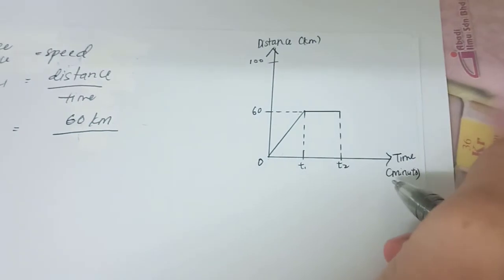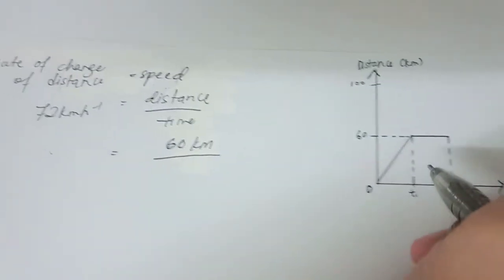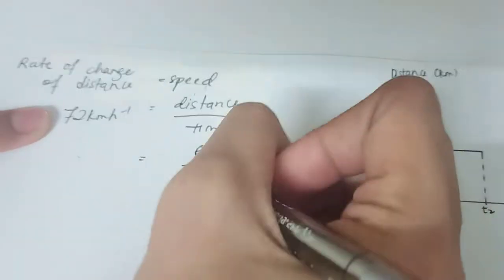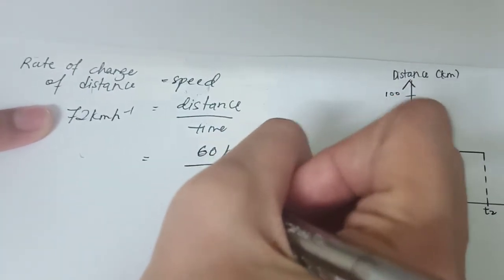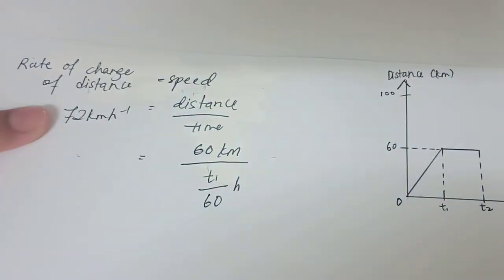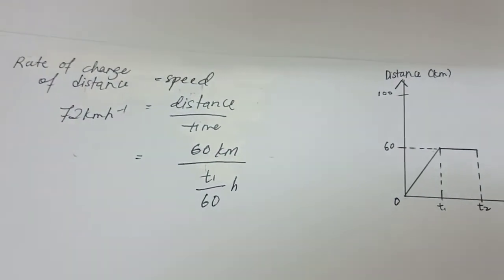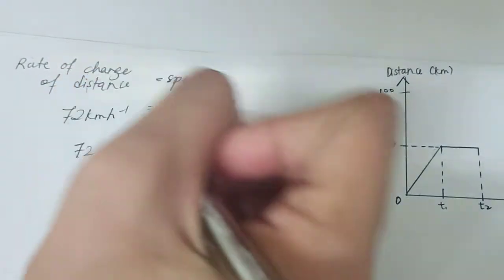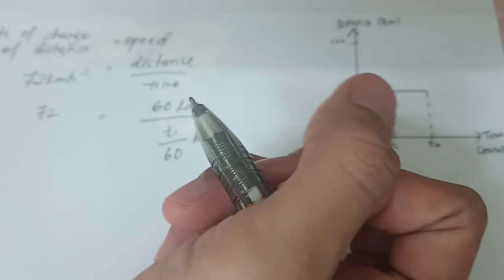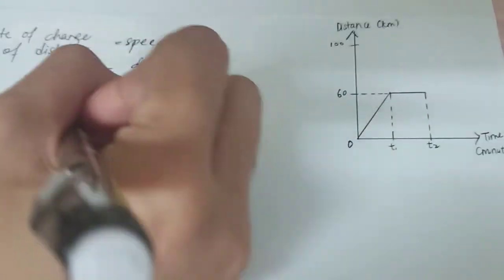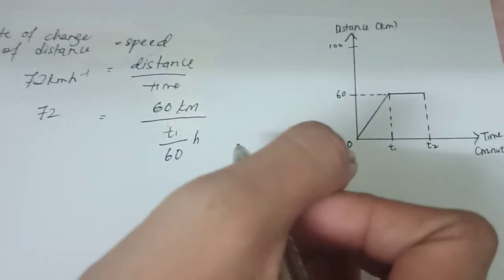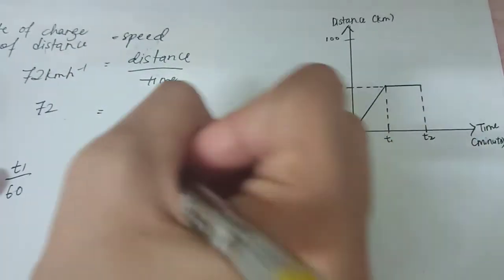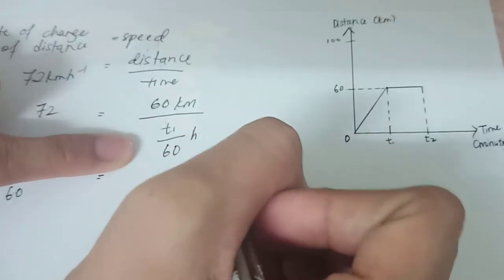Since T1 is in minutes and our unit here is kilometer per hour, T1 is divided by 60 to change to hours. Here is 72. So this will switch places: T1 over 60 moves here, and 72 moves down here.